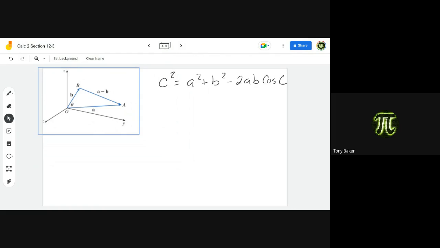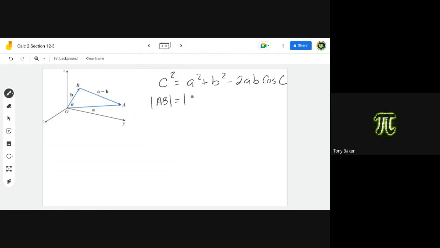If we find our pieces for this, that right there is AB, so it's the magnitude of that side.